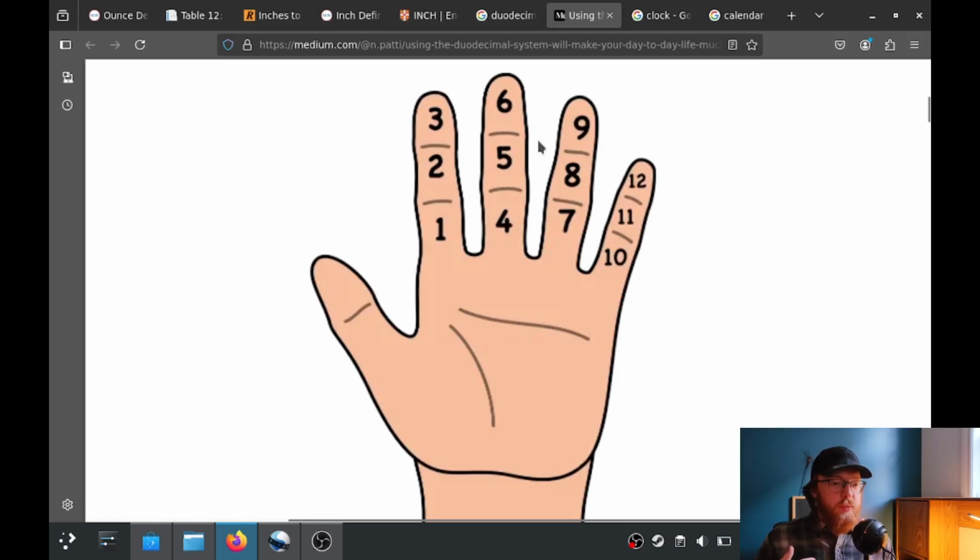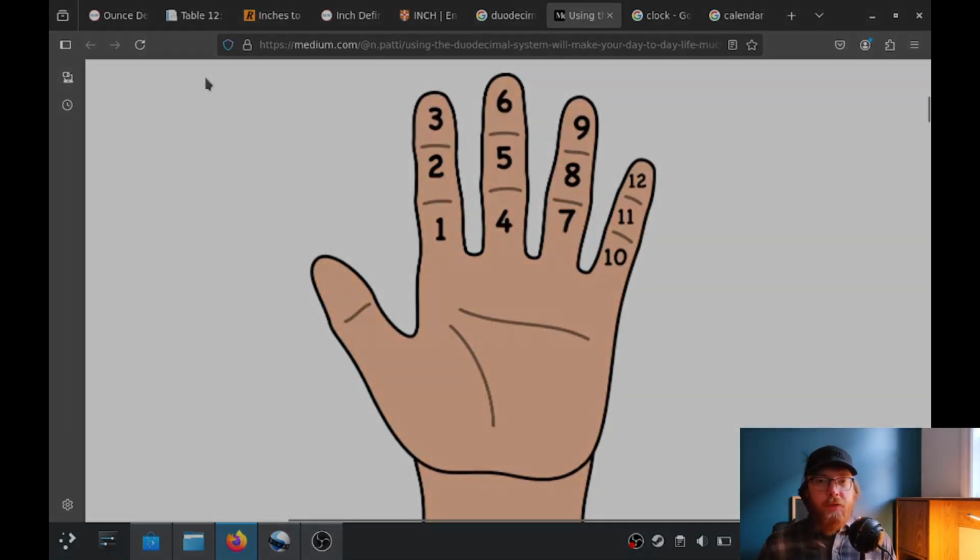In that case, it actually makes a lot of sense, and you could probably use this in other ways I haven't thought of yet, but that is kind of another natural occurrence of 12. So they had in their hands still the ability to count to 12, so they weren't giving up that versatility that we find with being able to count to 10 with our fingers or count to 5. They had that easily enough at hand.